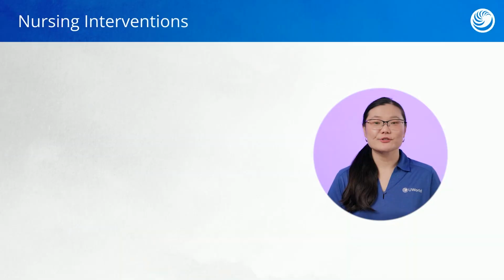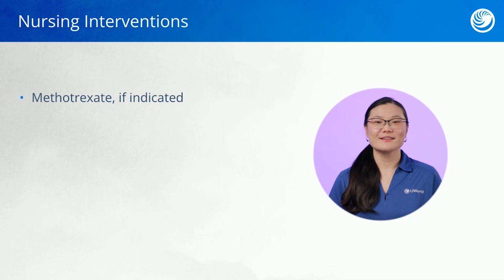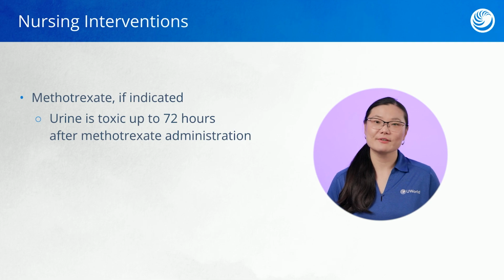There are two ways to treat an ectopic pregnancy: medical or surgical. Medical treatment for an ectopic pregnancy is with a medication called Methotrexate. Methotrexate is a chemotherapy drug that stops the division of rapidly dividing cells. Because Methotrexate is a chemotherapy drug, a woman's urine can be toxic for up to 72 hours after administration.